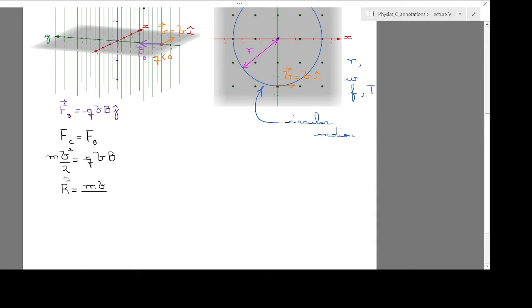I put big R, no, let's use small r. Let's keep my notation. This is r, this is QB divided by QB. Okay, you have one expression for the radius.